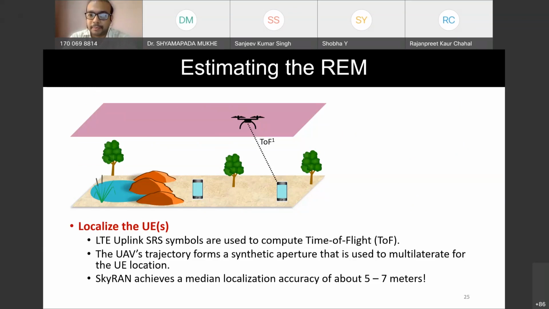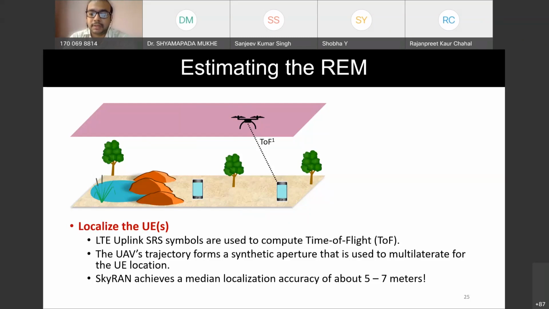For people who are not aware of the internal details, you can just assume that the time of flight is the time taken by a wireless signal from the drone to the UE. What is the time that is taken by the signal? And that multiplied by the speed of light, because all the signals travel at the speed of light, will give you the distance from the drone to the UE.